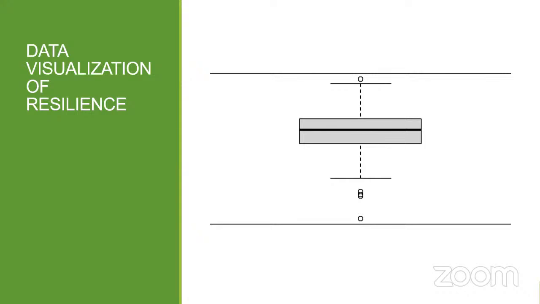And here you can find the first quartile and the second quartile. The difference between the first quartile and the second quartile is higher in comparison with the second and third quartile. So that indicates the resilience power of the respondents is low in this study. Next.